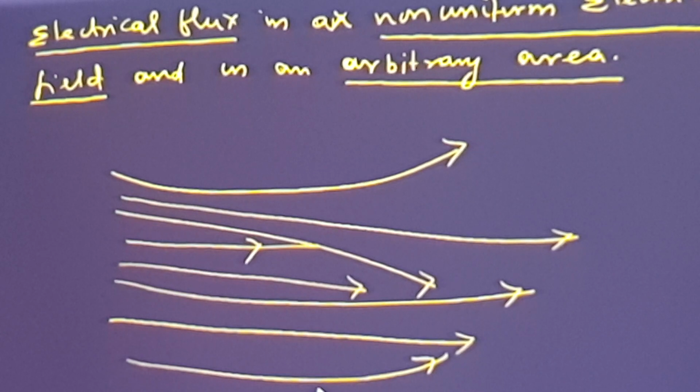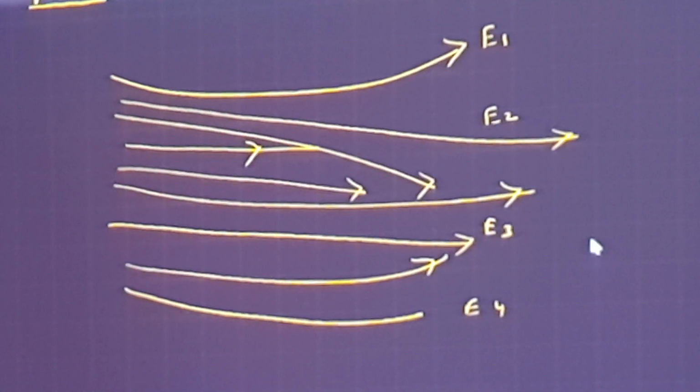If I am considering this non-uniform electrical field, the electrical field at each and every point may be different. Here it may be E1. If I am taking here, it may be E2. Here, it may be E3. And here, it may be E4. Like that, the electrical field is different at different places.